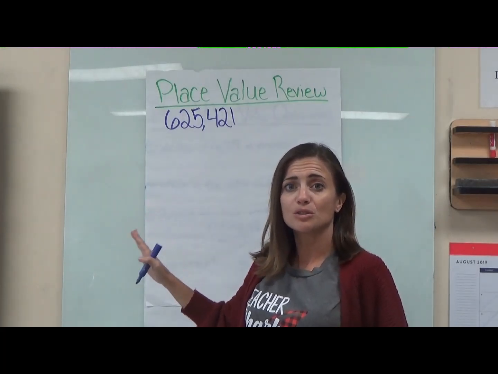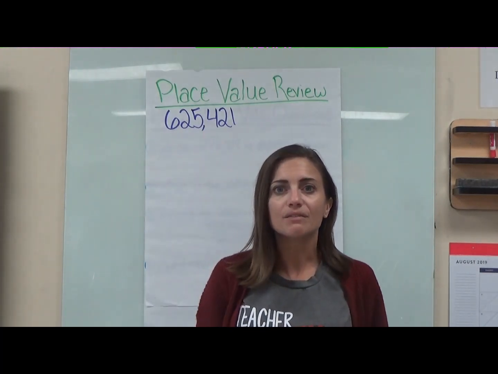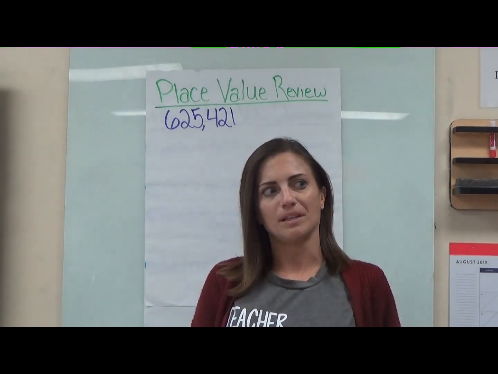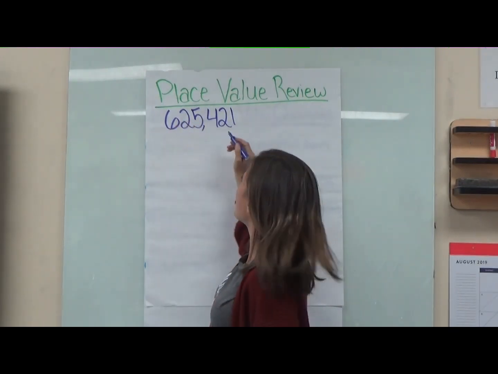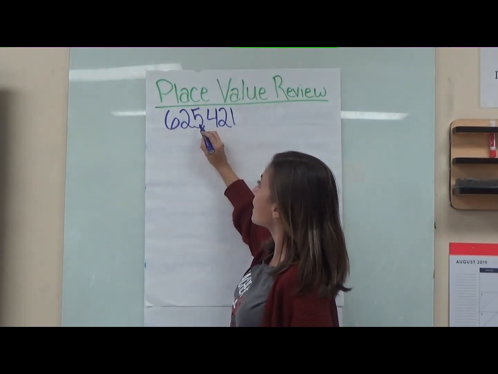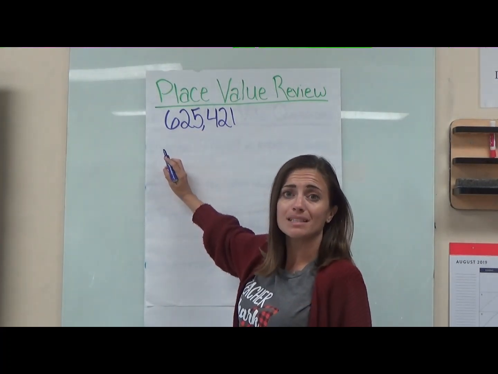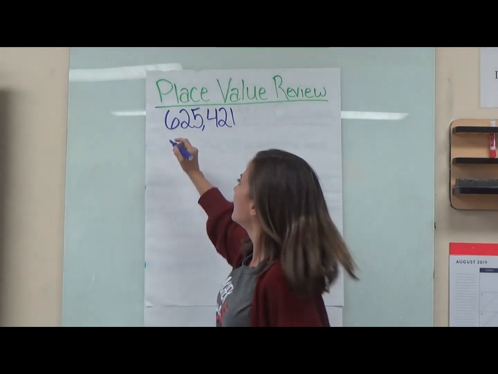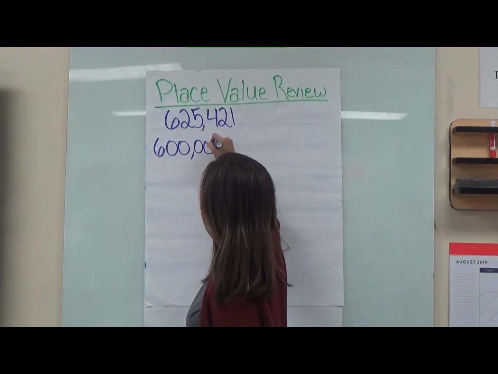First thing I'm going to do is figure out each of my place values and the value for that individual digit in that place value. So for example, I have a 6 and it's in my ones, tens, hundreds, thousands, 10,000s, 100,000 spot. That means its value is 600,000.